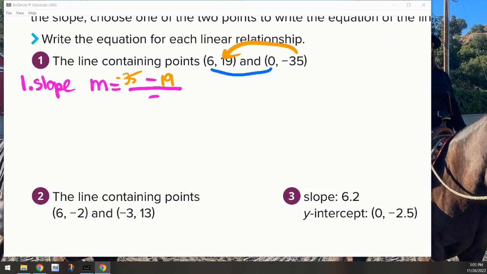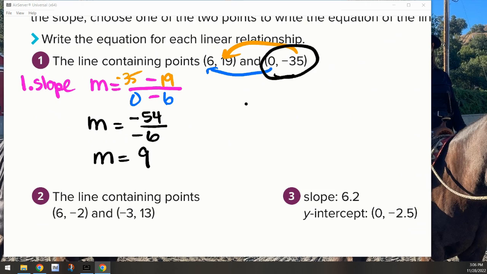Then I'm going to take these two numbers and subtract them. So 0 minus 6. When I do that, I find my slope to be negative 54 over negative 6. That would get me 9. This is my y-intercept. So y equals 9x minus 35.